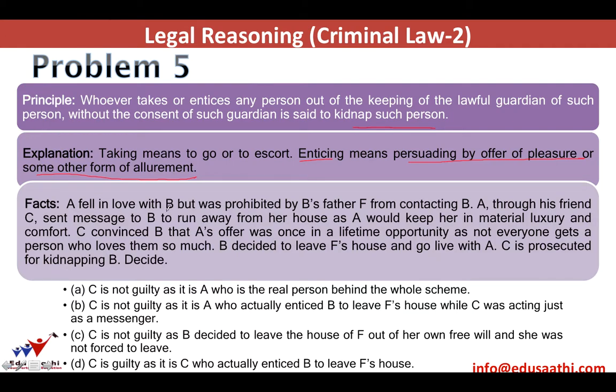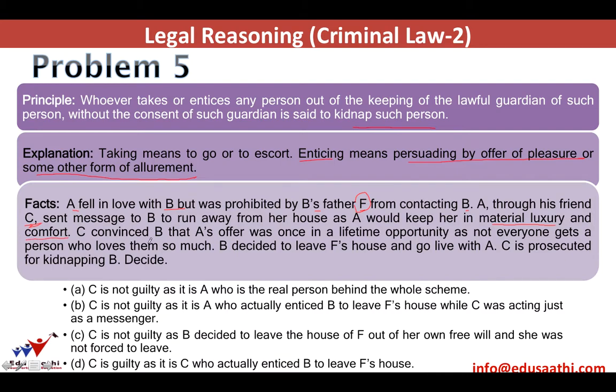A fell in love with B, who was prohibited by B's father F from contacting her. So there are three parties involved, A and B, who are in love, but A is prohibited by B's father F from contacting B. A, through his friend C, the fourth party, sent a message to B to run away from her house as A would keep her in material luxury and comfort.